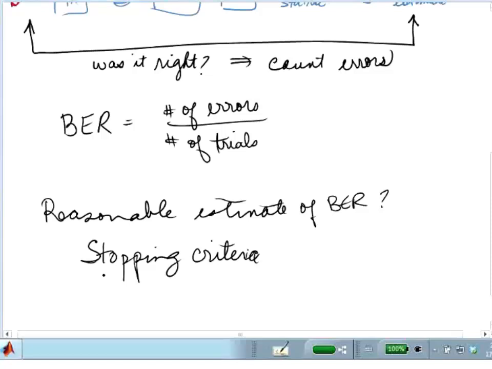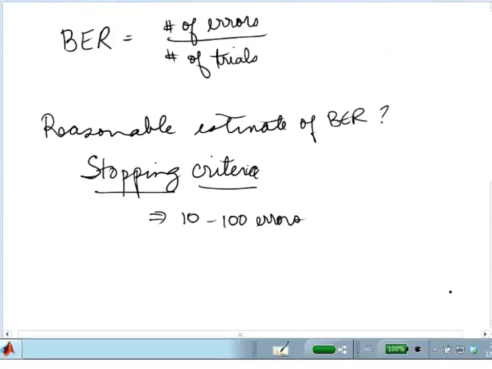To do that, I typically use, not deciding ahead of time how many trials to run, but to run trials until some criteria is met, until I can stop. And the stopping criteria is usually something like 10 to 100 errors in a bit error rate Monte Carlo simulation.